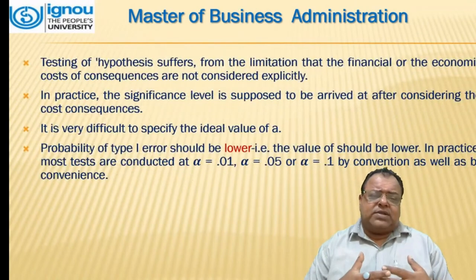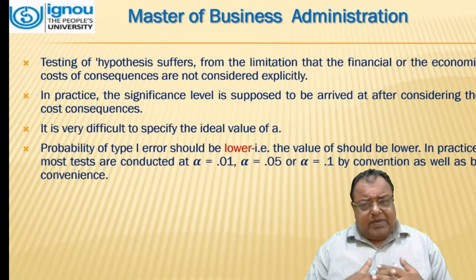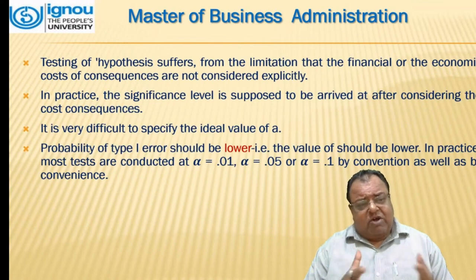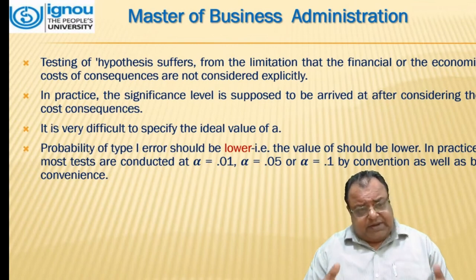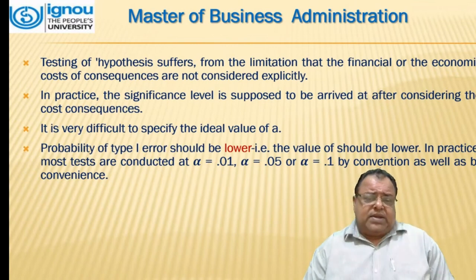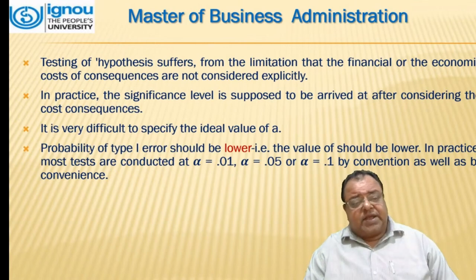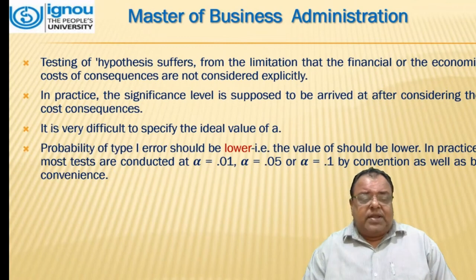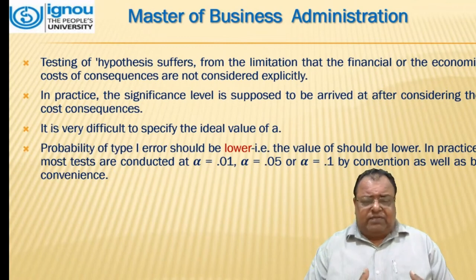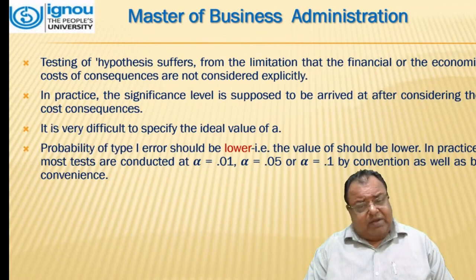Testing of hypothesis suffers from the limitation that the financial or the economic cost of consequences are not considered explicitly. In practice, the significance level is supposed to be arrived at after considering the cost of consequences. It is very difficult to specify the ideal value of alpha.